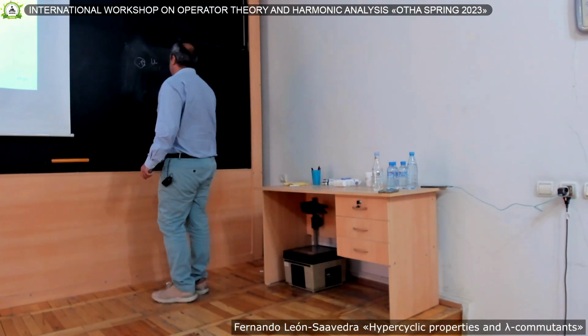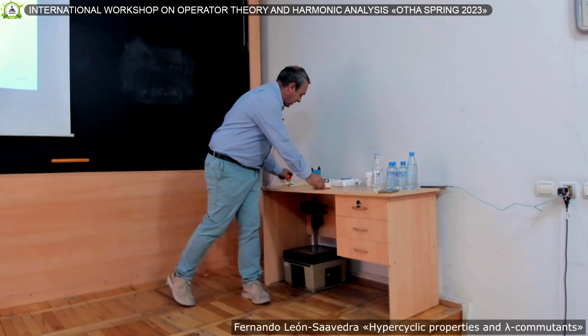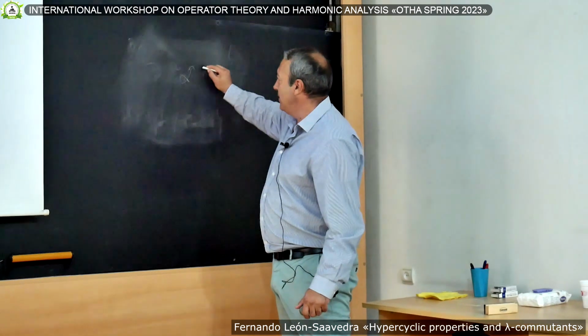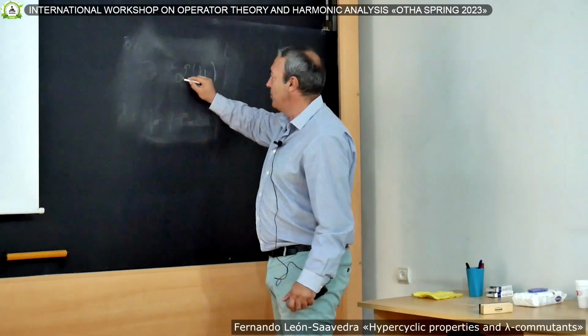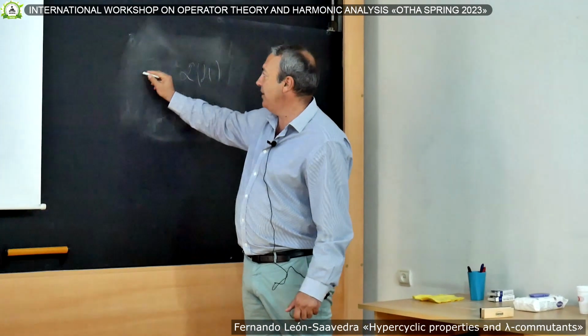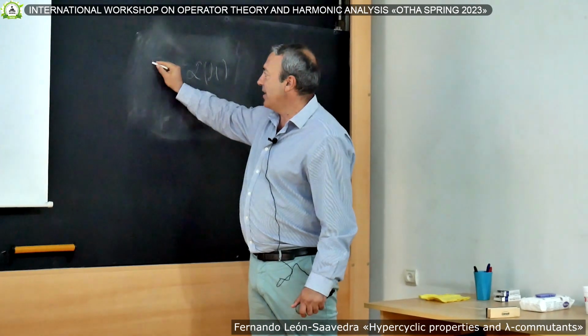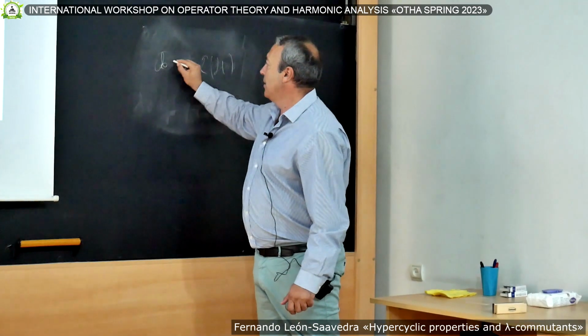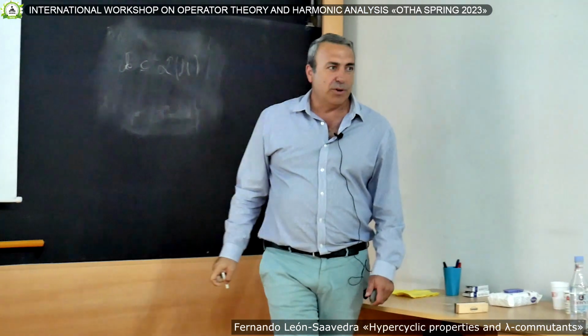It is curious, this factorization, because the lambda commutant is special. We consider the operator algebra, the lambda commutant that we obtained. It is a special case of an operator space.